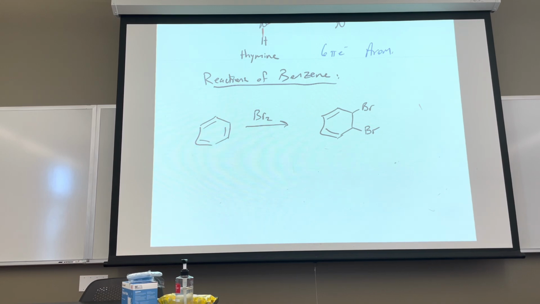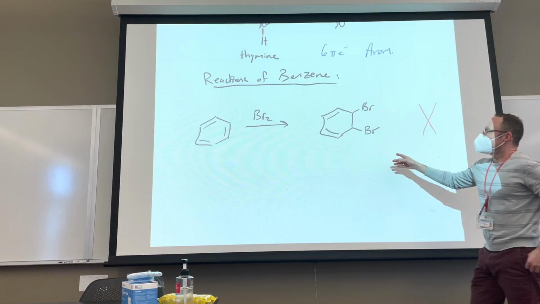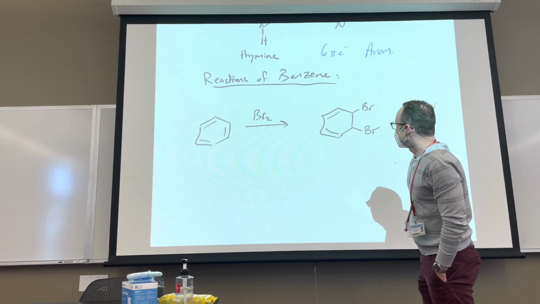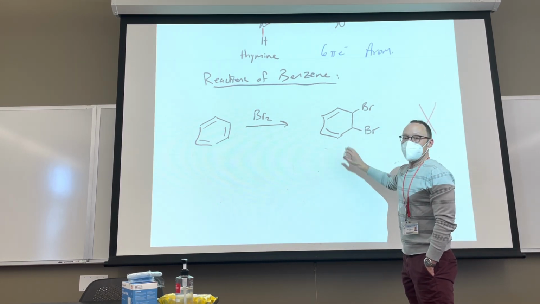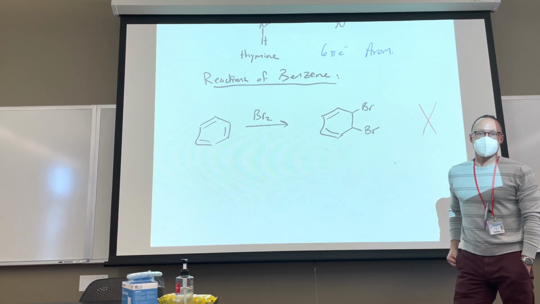So why is it that benzene does not do this reaction like the rest of the alkenes? Because that's less energetically favorable than that. What'd you say, Denise? That would be less energetically favorable than that. Yeah, why? Because that's aromatic and that's non-aromatic.